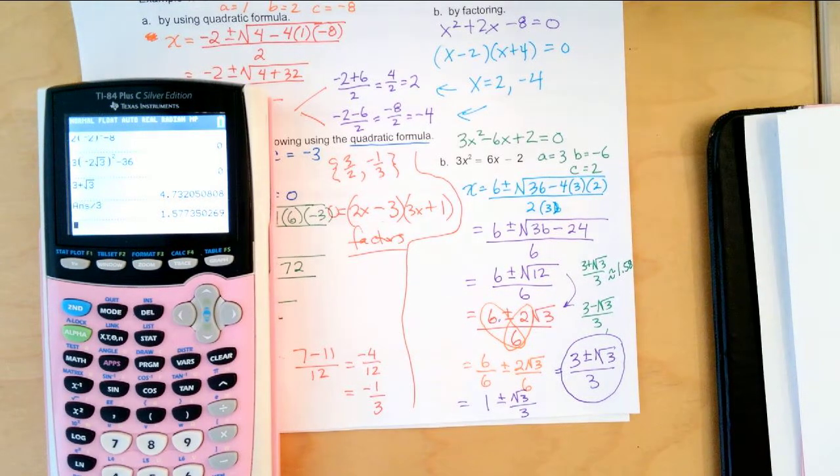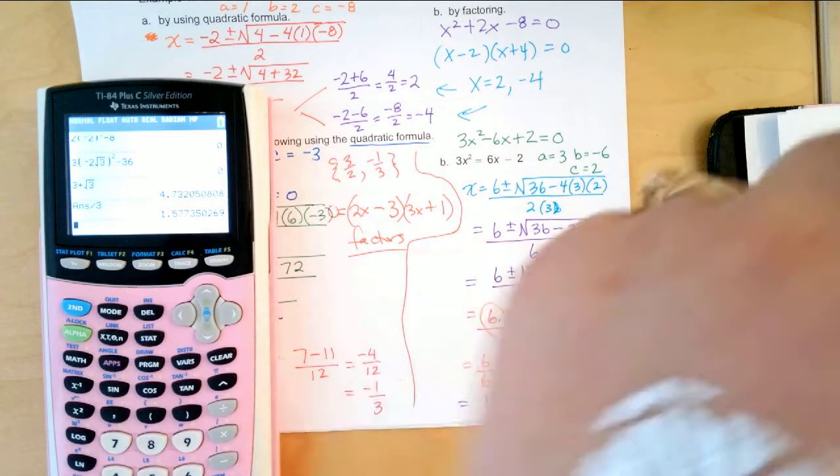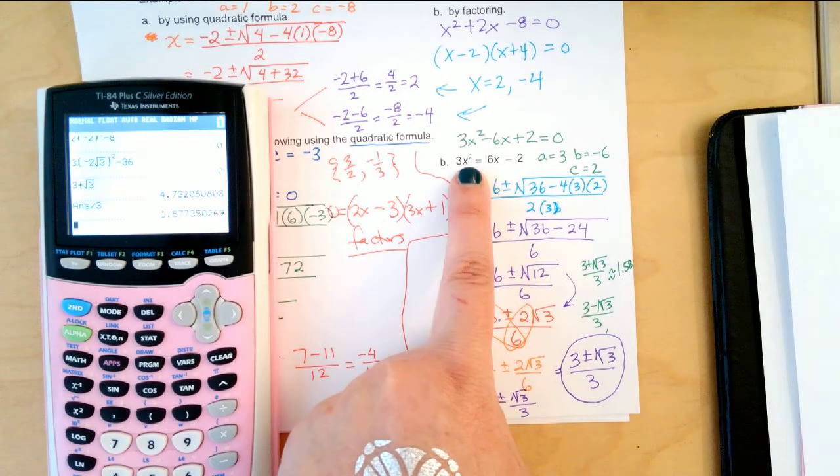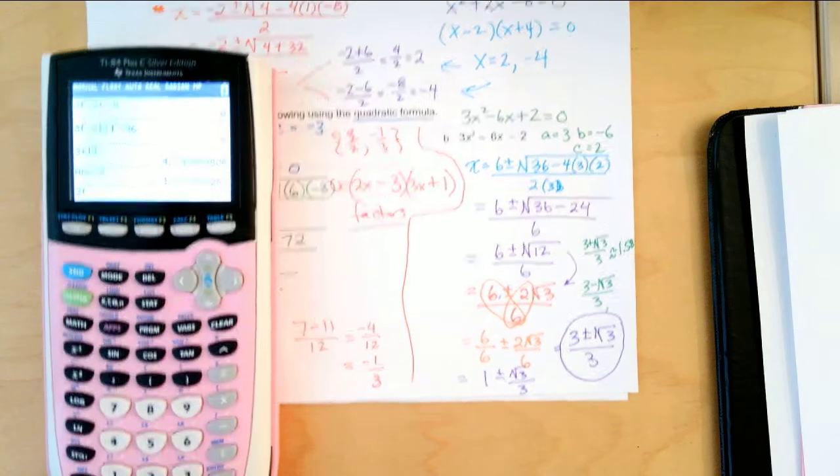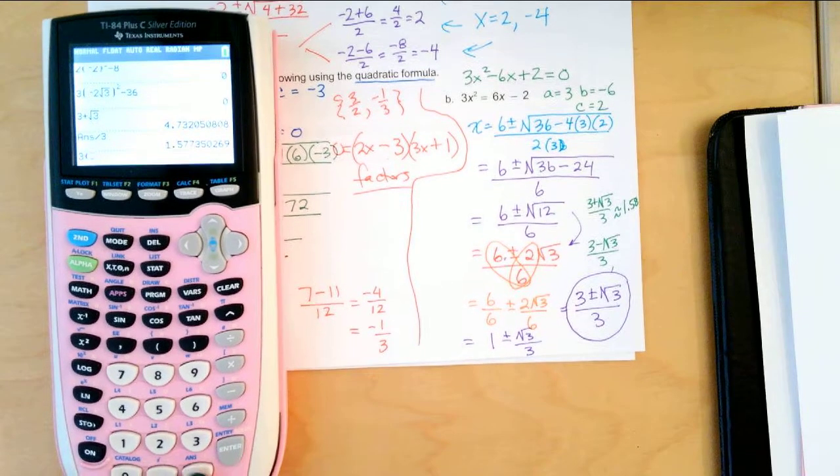If I wanted to plug that number into my equation, which is here, I can do this. 3 times A and S. Do you see this button right above the 0?